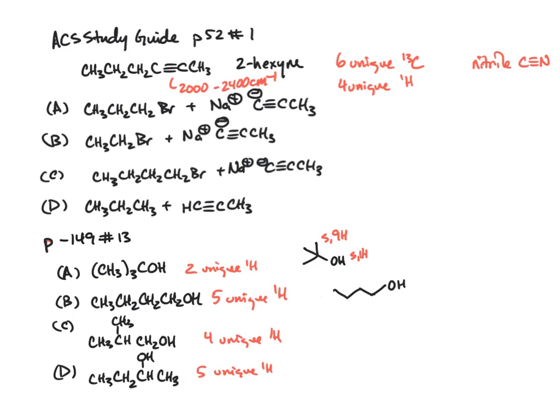What is that peak going to look like, and how many protons will it integrate to? Triplet, 3H. You're just counting the number of H's bonded to it. It only has 2 neighbors, so 2 plus 1 is 3, and that's your triplet.